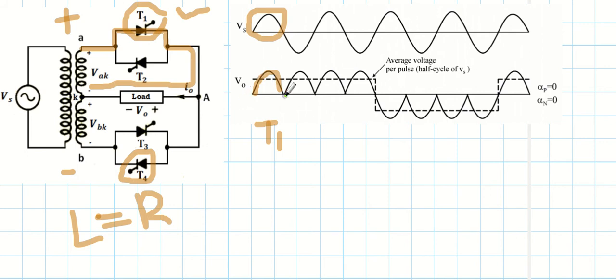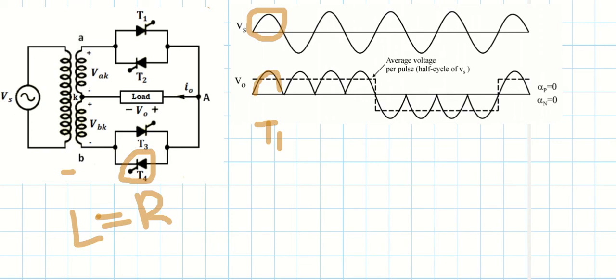Okay, now what will happen for the next cycle? I forgot to mention one point here. If you remember, in the step up cycloconverter, by force commutation we make the thyristor off, but in step down cycloconverter we have the natural commutation.